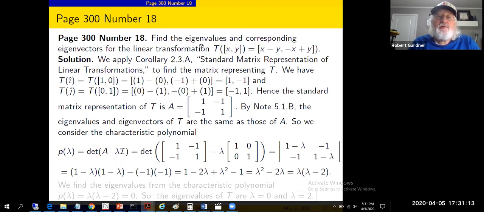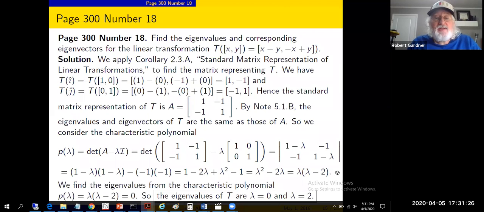The instructions were find the eigenvalues and eigenvectors. Well, we can't find the eigenvalues unless we find the characteristic polynomial, so this was necessary. Okay, set that characteristic polynomial equal to 0 to find the eigenvalues, and lambda equals 0 and lambda equals 2 are the eigenvalues.